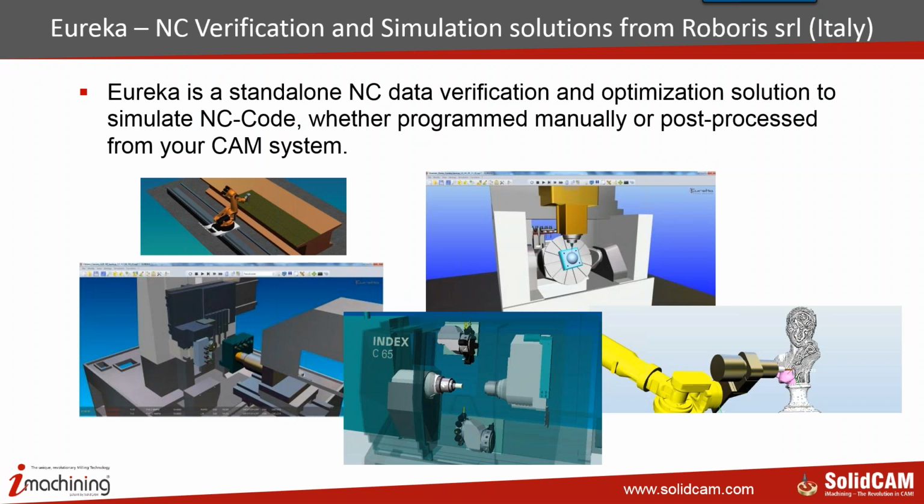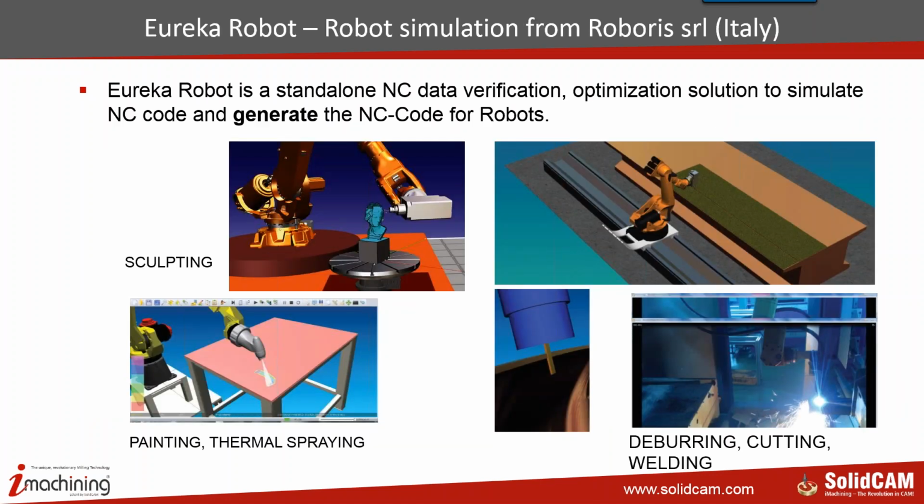Basically, Eureka is an NC verification and simulation solution from Roboris in Italy. They have NC verification for milling, mill-turn, and robotics. The robotic module is an extra module because this module generates the real G-code which operates the robot.